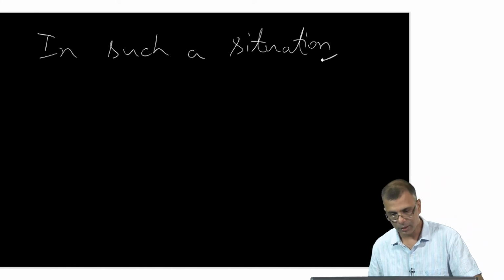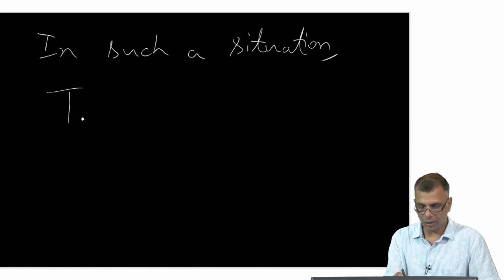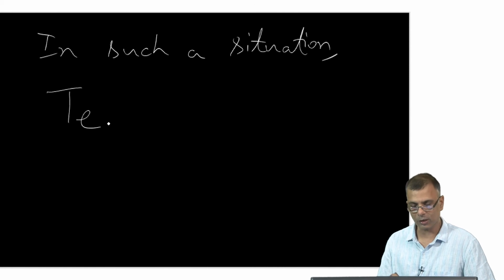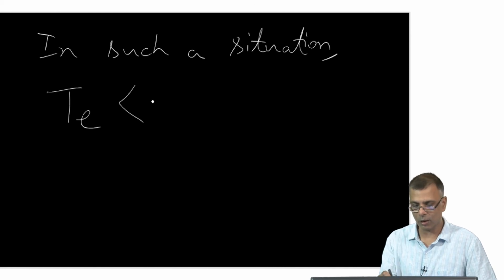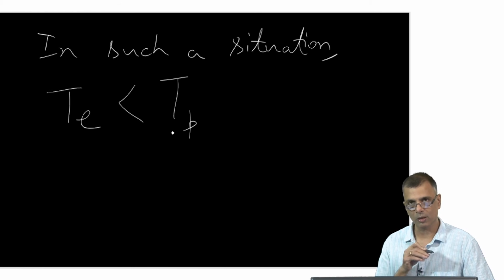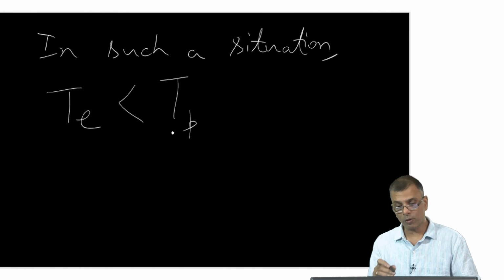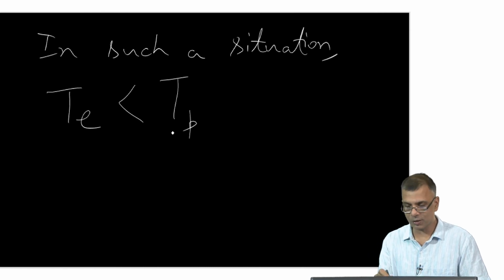In such a situation, the electrons equilibrate to form an electron temperature, and that is typically lower than the temperature attained by the protons. And if there was enough time for the protons and electrons to equilibrate among themselves, T_P would be the same as T_E, but there is not enough time.